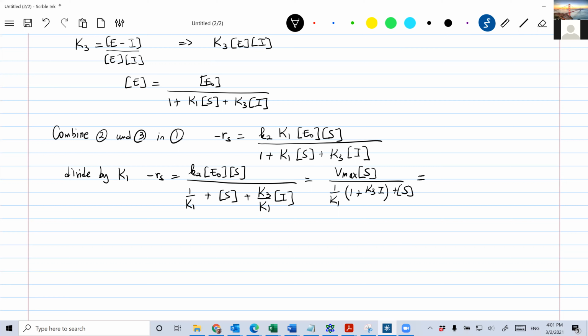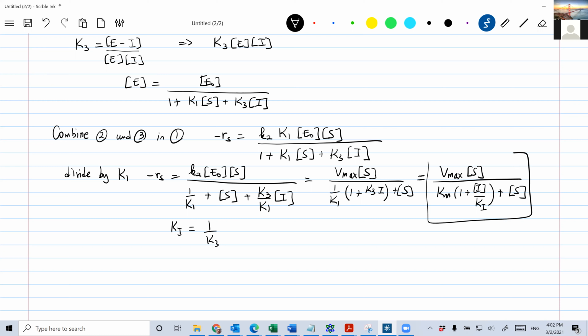It's a choice, so much as it's easier to calculate the dissociation of the enzyme inhibitor complex than the other way around. So that gives you Km times 1 plus I over Ki, where Ki is 1 over K3. Okay, so that's pretty much what we're looking at, plus substrate.